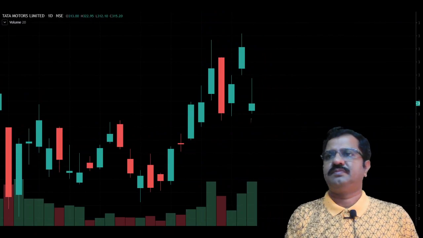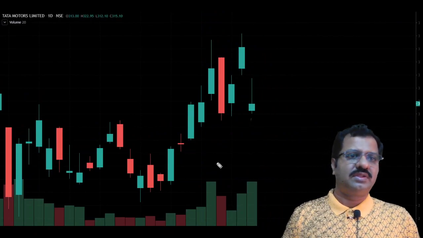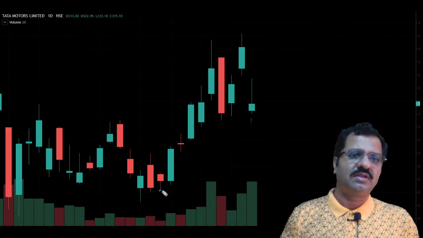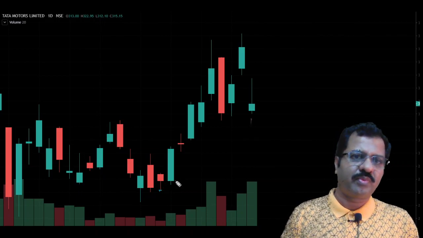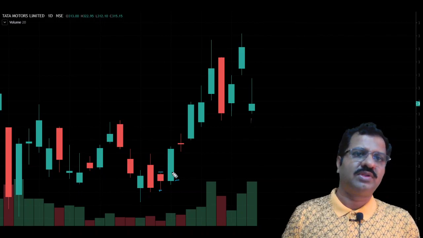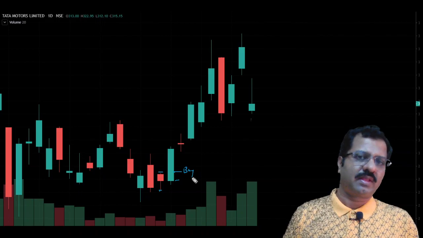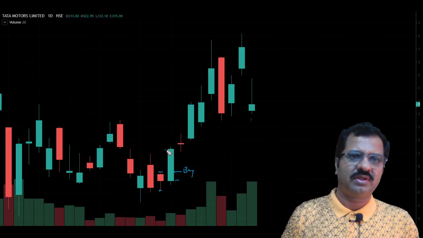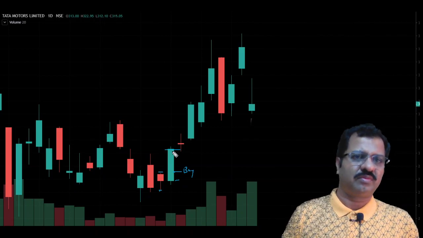See here, this is an inside candle, price opened between the high and low of this candle, you have to enter here, you have to buy here and close somewhere at 315, which will be around here somewhere or at the top.